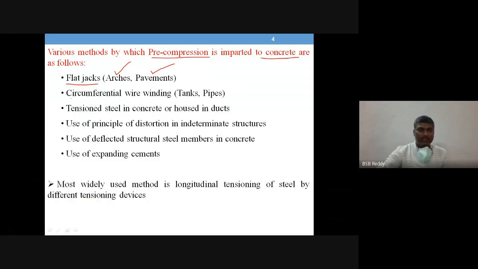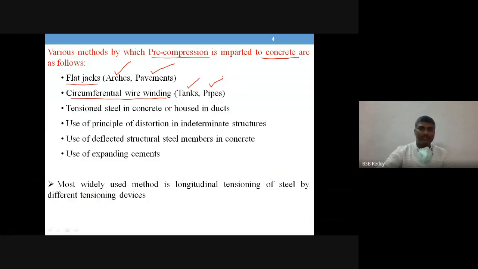And the other technique is circumferential wire winding. So this is another technique that we use for pre-compression in concrete. So tanks, pipes.